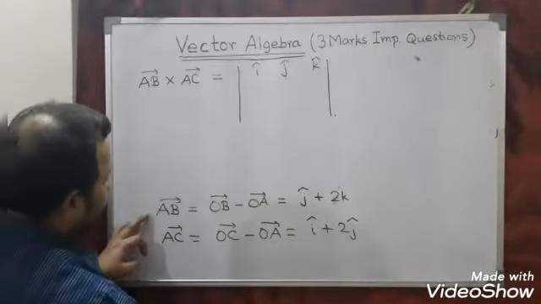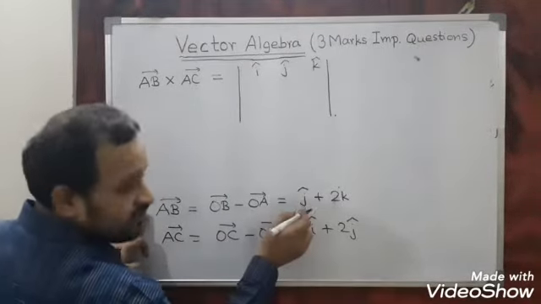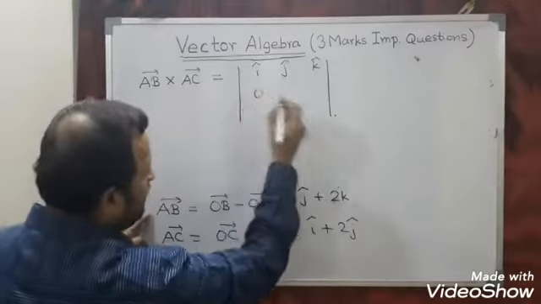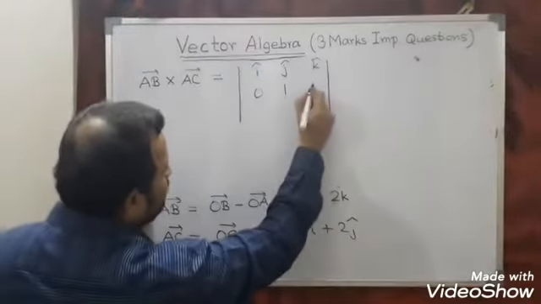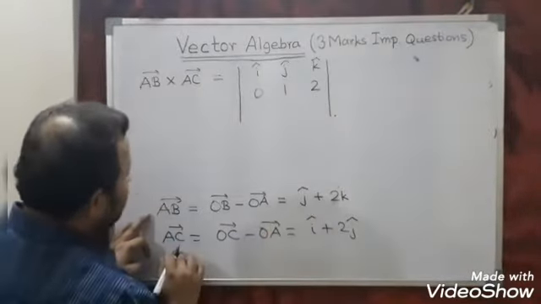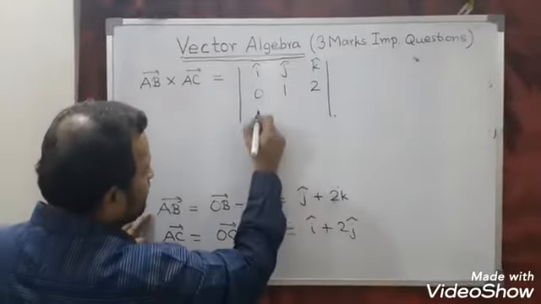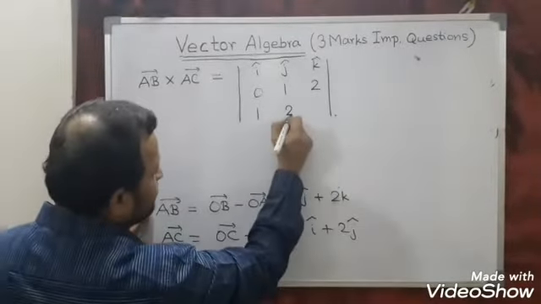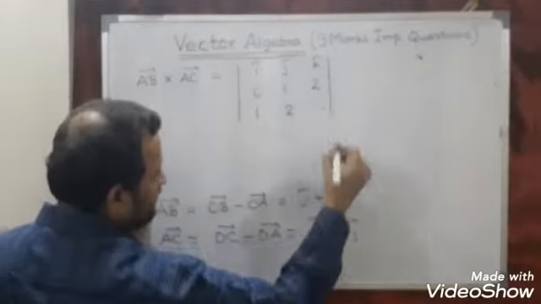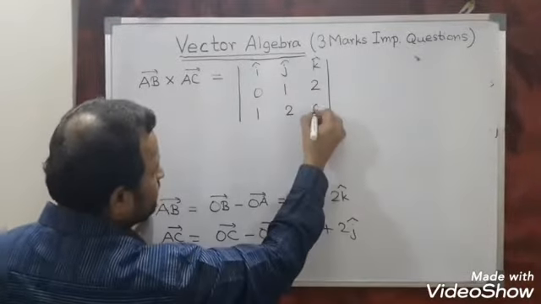For the AB vector, the coefficient of i is 0, so 0 will come here, here 1 will come, here 2 will come. Similarly, for the AC vector, i is 1, j is 2, k is not there, so here I can say it is 0.